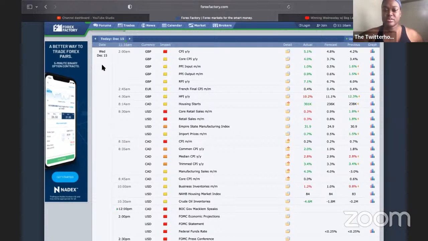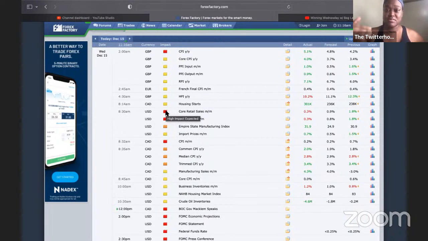So for today, December 15th, the GBP, the Great Britain pound, had a red folder at 2 a.m. At 8:30 a.m., the US dollar had a red folder. What these folders mean is the red folder is high impact news.